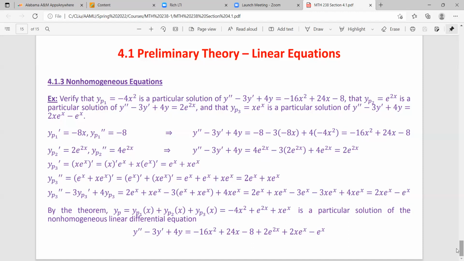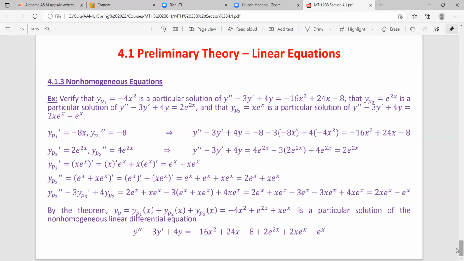So plug YP3, YP3 prime, and YP3 double prime into the equation on the left side. We get 2 times e to the x plus x times e to the x, minus 3 times e to the x plus x times e to the x, plus 4x e to the x. So you can distribute the -3 in the second part to get -3 e to the x minus 3x e to the x, and then combine like terms.